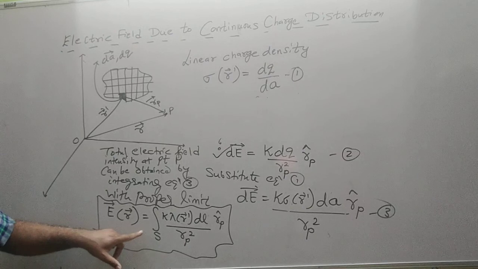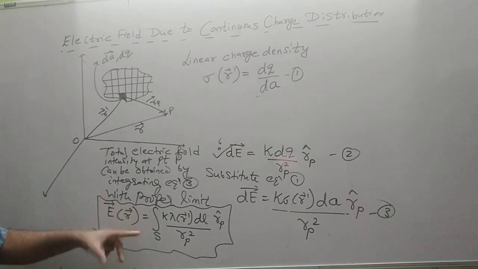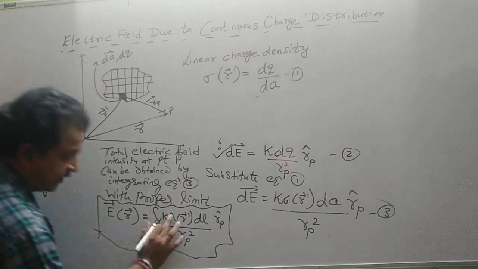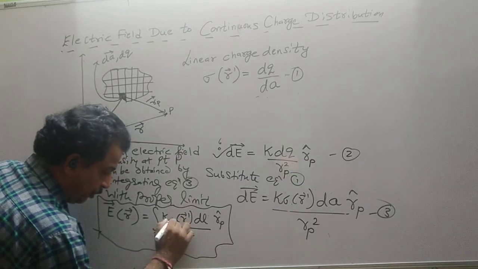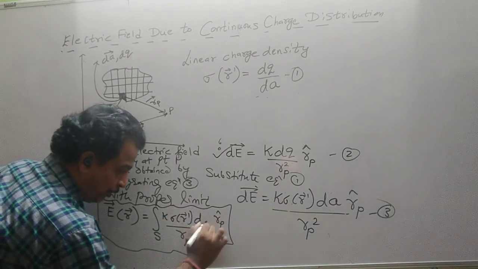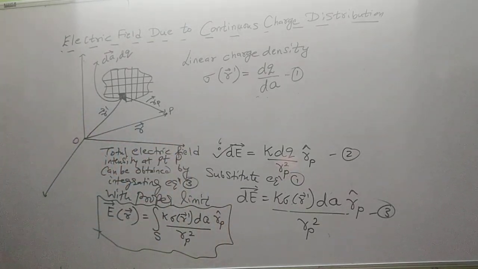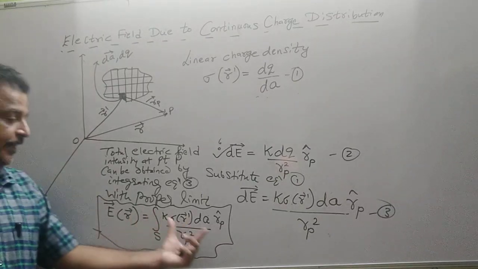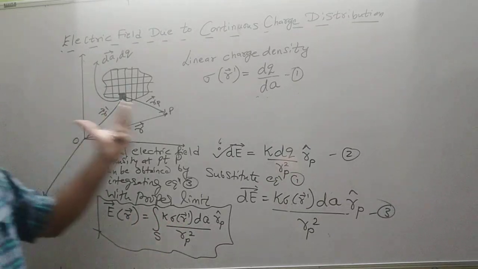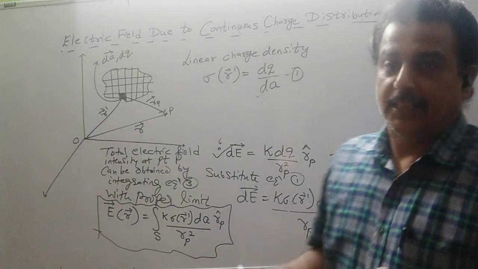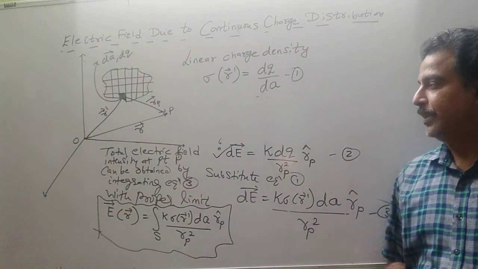Integration will be with respect to surface or with respect to area, so it will be read as surface integration. In the place of lambda we have sigma, in the place of dl we have dA, that is an area element. So the derivation and the steps remain same.